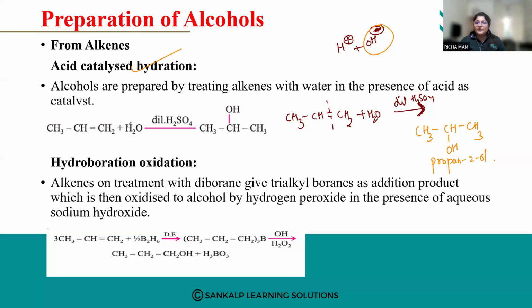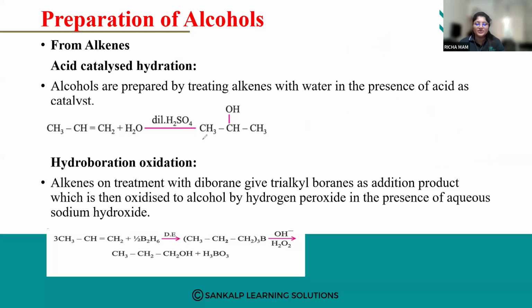Whenever you have a symmetrical alkene across the double bond, at one carbon hydrogen will be added, and at the other carbon the OH will be added. But when you have an unsymmetrical alkene, we are going to use the Markovnikov rule. Fine. Let us go for the next one.